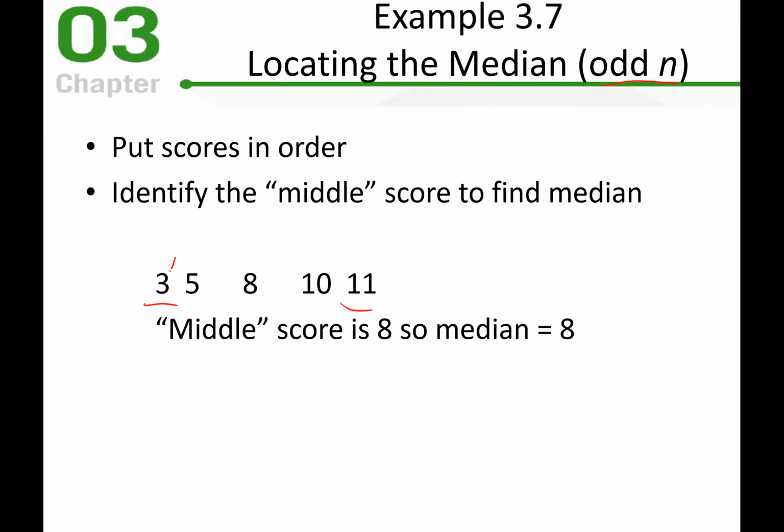So 3, you cross that out, and then you cross out 1 from the other side, 11, and you cross out another from this side, and another from the opposite side, until you get to the middle score. That's if we have an odd number of scores. The middle score in this instance is the median. The median is going to be 8 in this particular example.